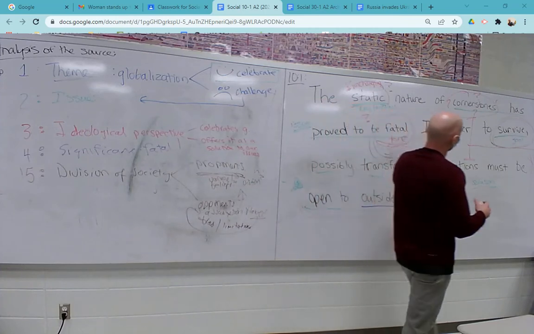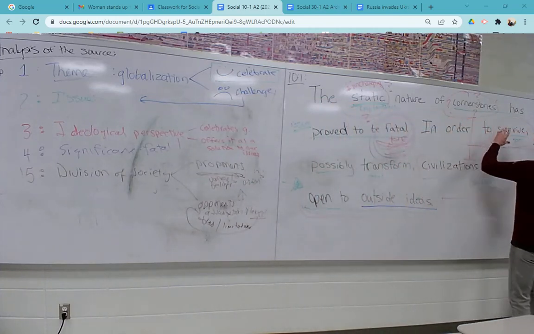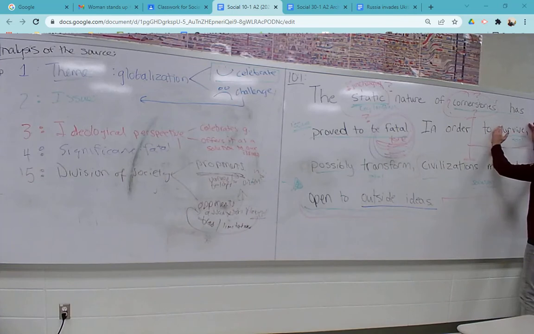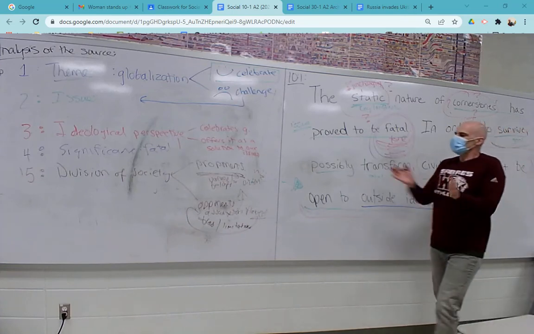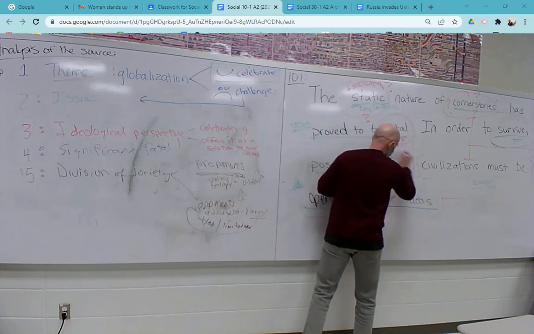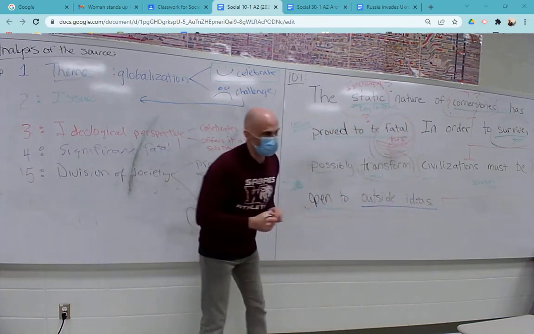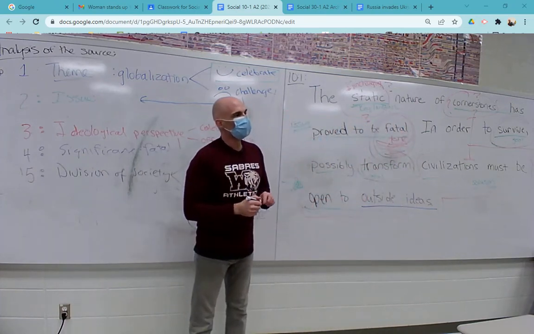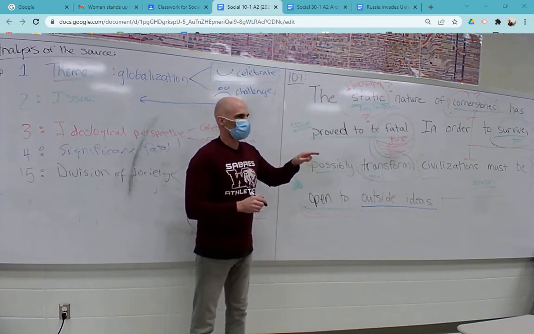So we can look at the significance of the language and say, well, depending upon how we define survive, we might have a division of society. Possibly transform. Well, Hitler was trying to transform his society, but in which direction?